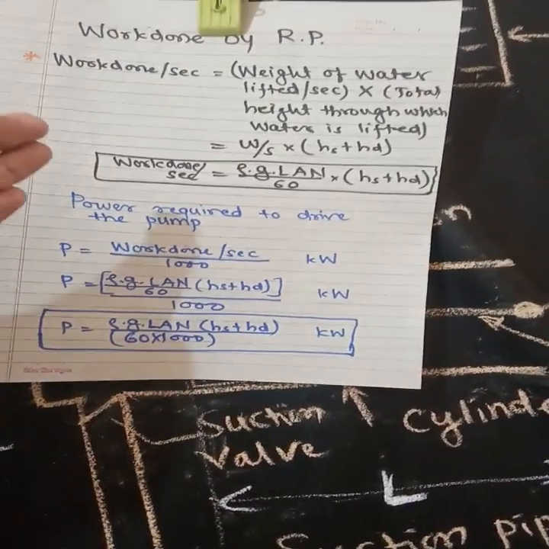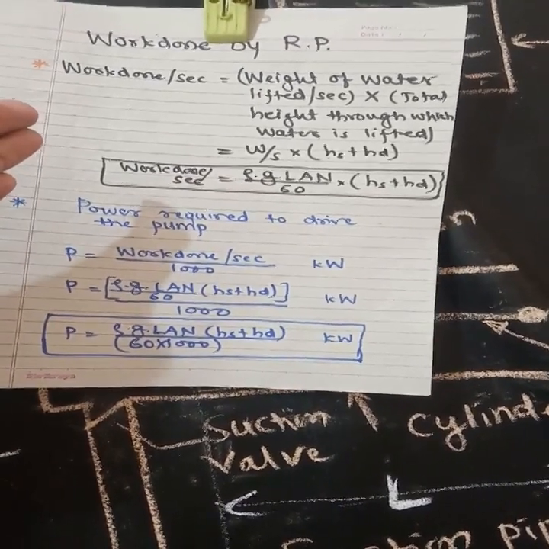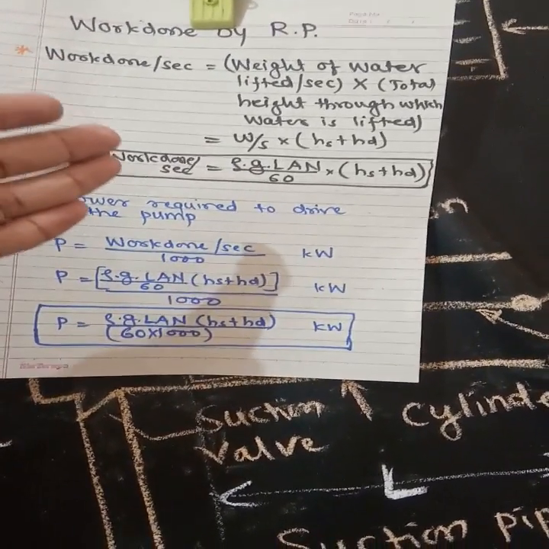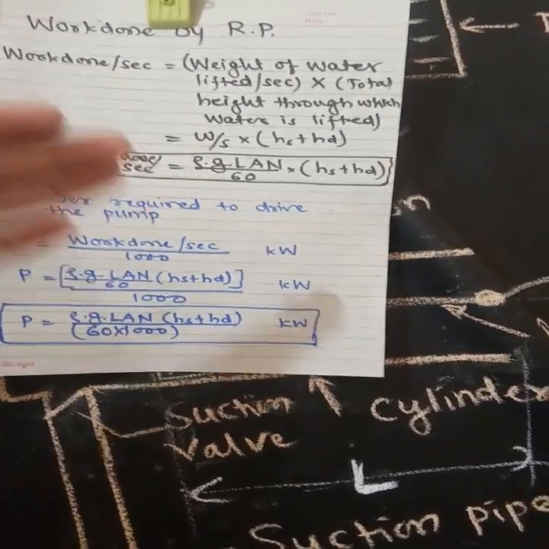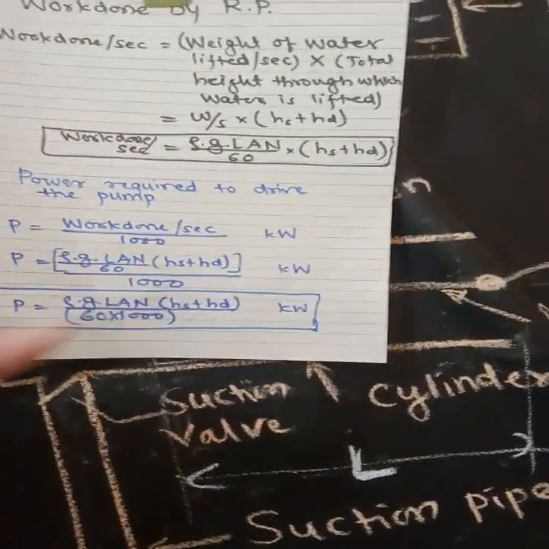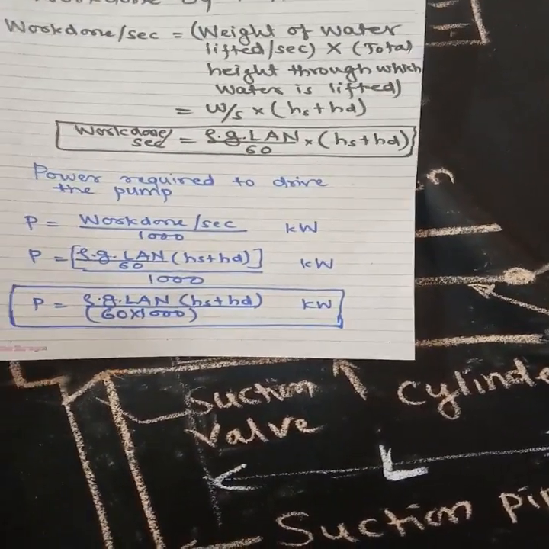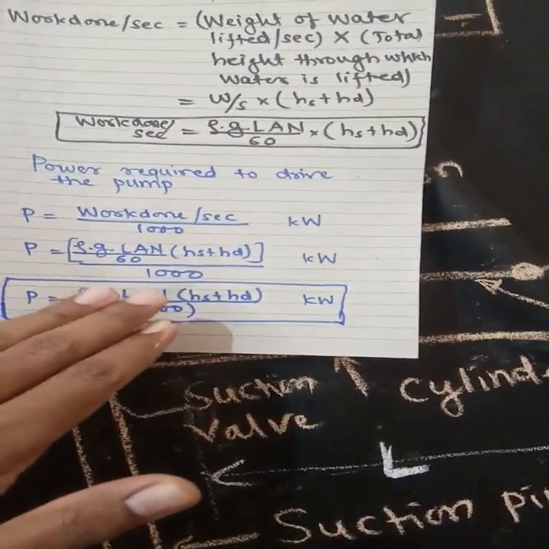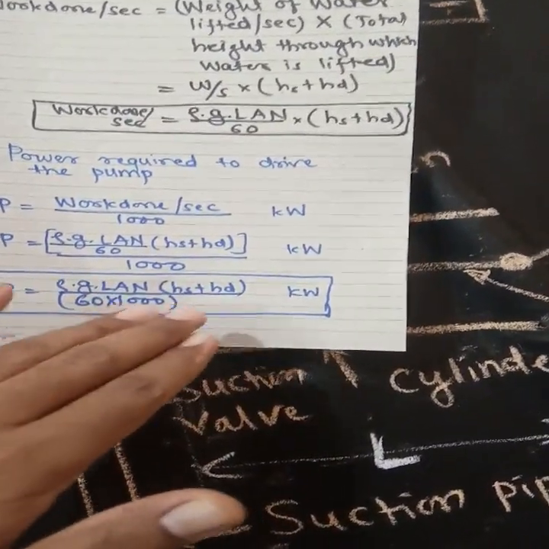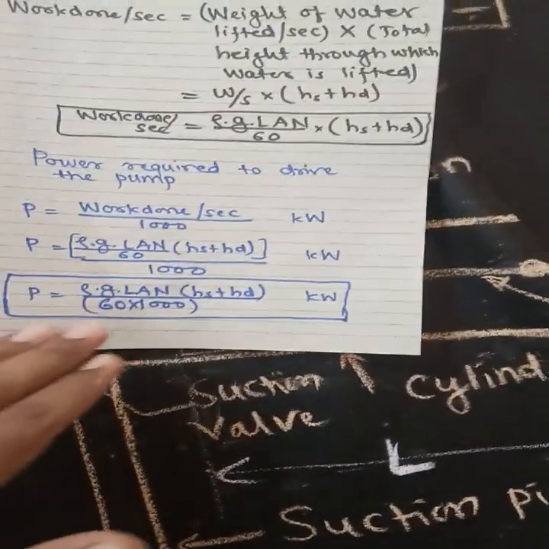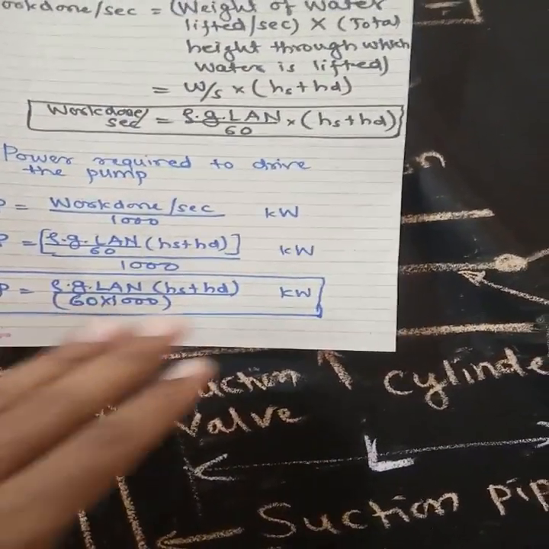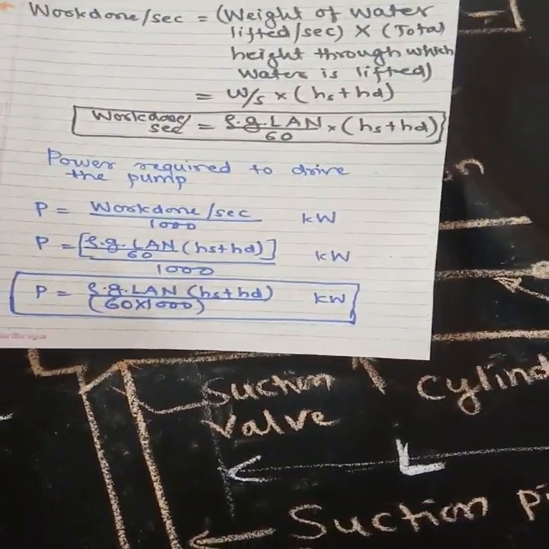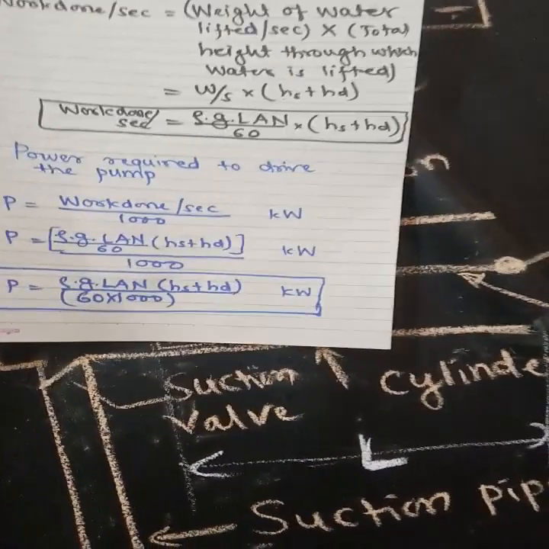So the above expression, which represents the work done per second, that is rho g L A N by 60 in bracket Hs plus Hd, is divided by 1000. So the final expression will be rho g L A N in bracket Hs plus Hd divided by 60 into 1000, that is 60,000, in kilowatt. So this is the power required to drive this pump.